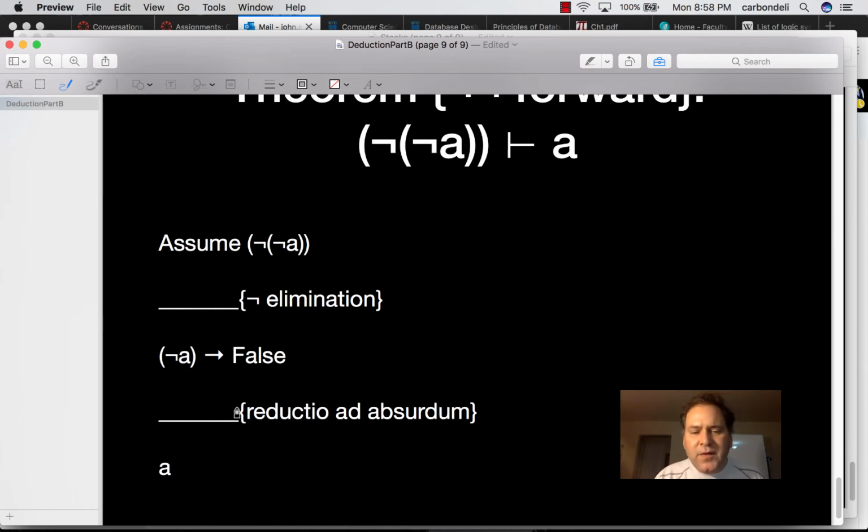And we're using the reductio ad absurdum theorem to show that A is evinced by not A. So we're starting with not A, and then by applying a couple theorems, we're demonstrating that A is true.